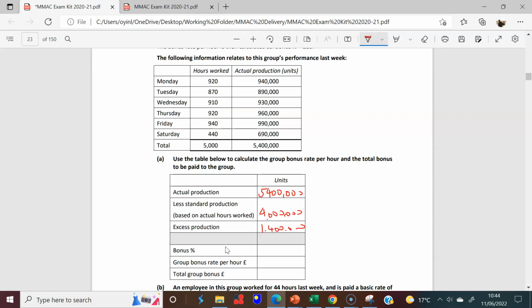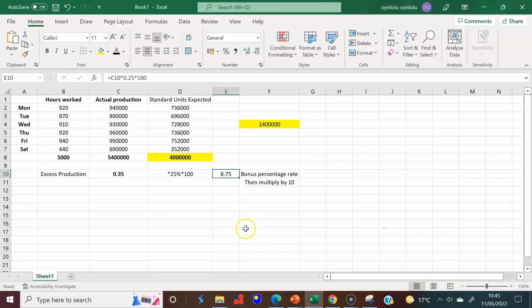The excess production, the excess over the standard is 1.4 million. Sorry, I was thrown off my stride there. Forgive me. The excess over there, as we have just calculated, the bonus percentage, which we arrived at 8.75. Let's just go back there again. 8.75, that's what we have there, which you saw me do there.